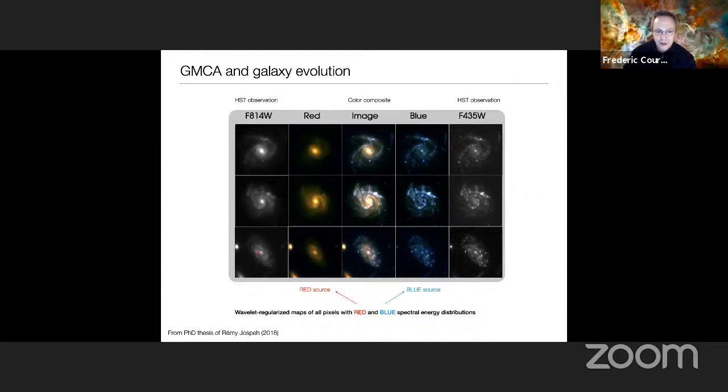So for example, here you have an HST image in one filter, a red one, an HST image in a blue filter. You have a collection of HST images. And you say that the collection of HST images is some weighted sum of the red channel and the blue channel. And you mix them. So in the end, what you end up with is a map of all pixels that have the SEDs you decided in advance, either a red one or a blue one or anything you want. So this resembles this, of course, because it's the blue channel and the bluest image in the dataset.